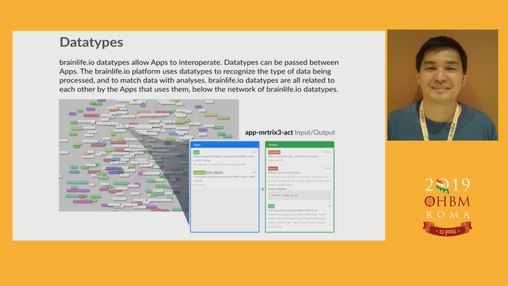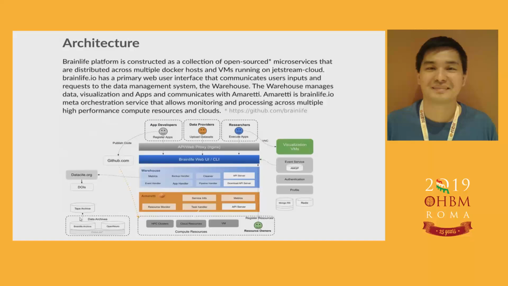And the other developer says, oh yes, this is really great, but I need you to change the file name to this, and that sort of thing. And once they agree, they can come to BrainLife and register the data type. So you can really think of the graph of all these applications as connected through a list of data types.